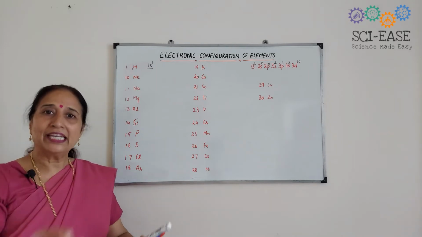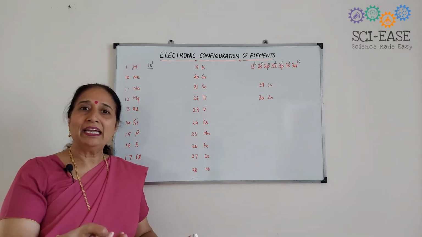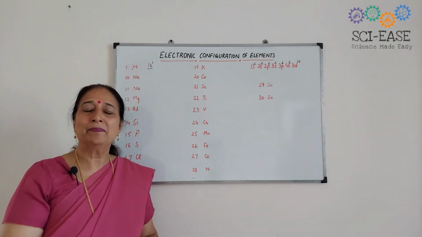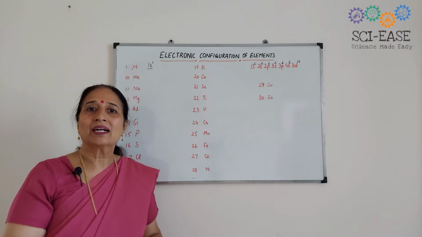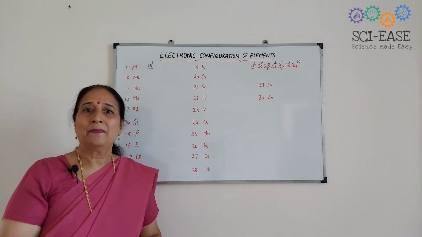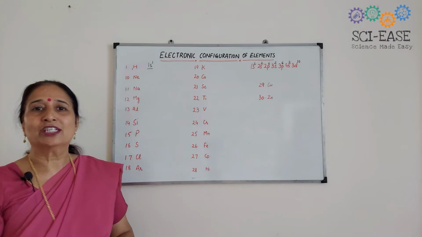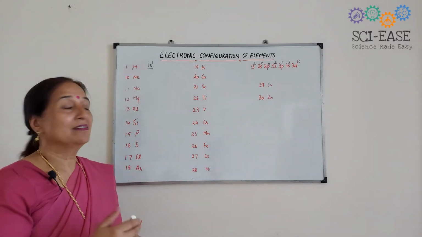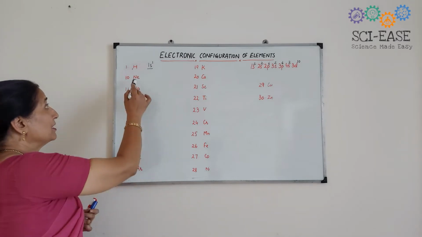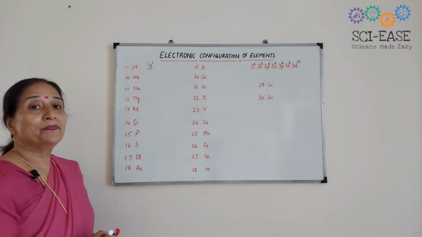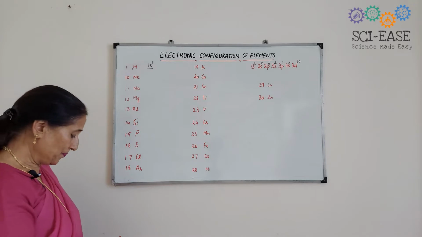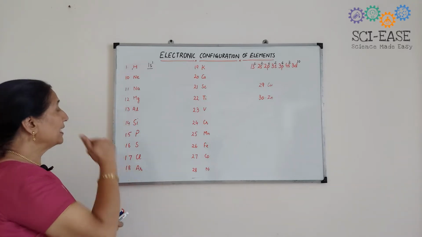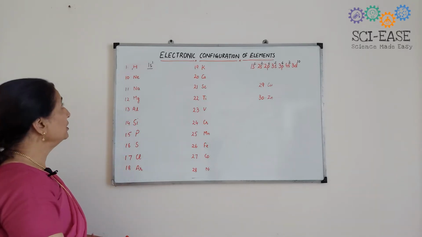Then comes helium, then lithium, beryllium, boron, carbon, nitrogen, then oxygen, then fluorine, and then comes neon. So what is the electronic configuration of neon?